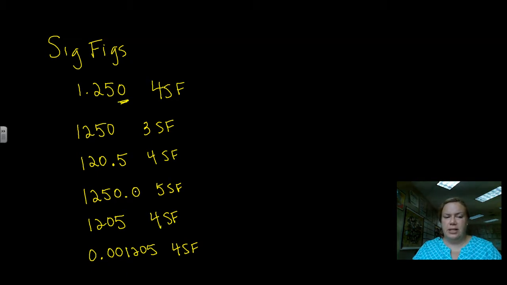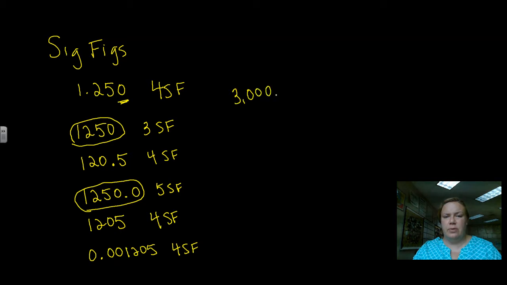If you have trailing zeros with a decimal, they are significant. Trailing zeros without a decimal are not significant. That's where you have something like 3 million, for example. If you have this, you have 1 sig fig, even though you have this huge long number.